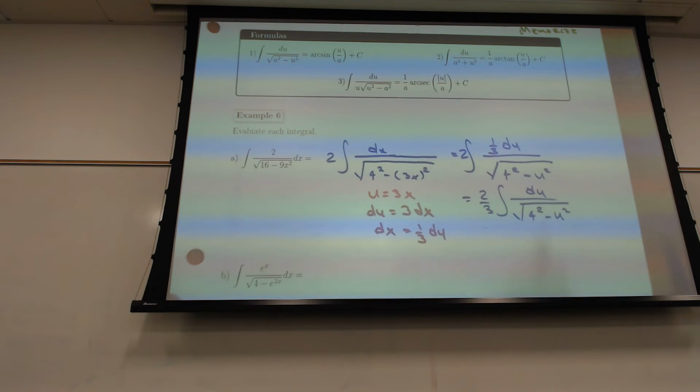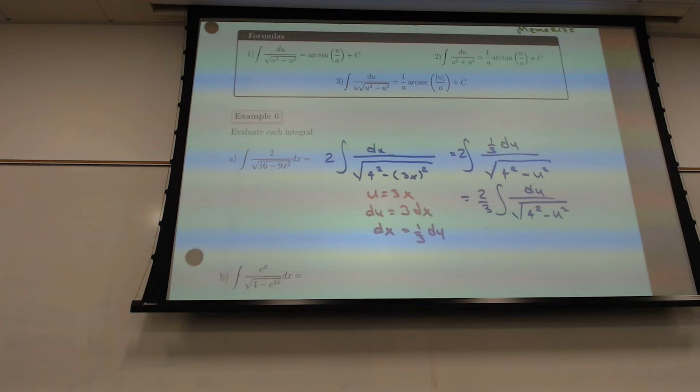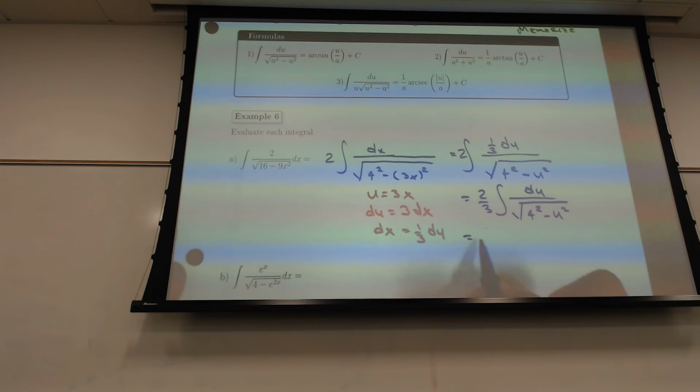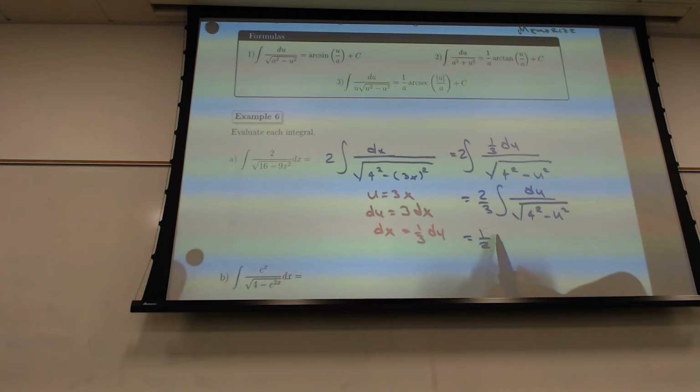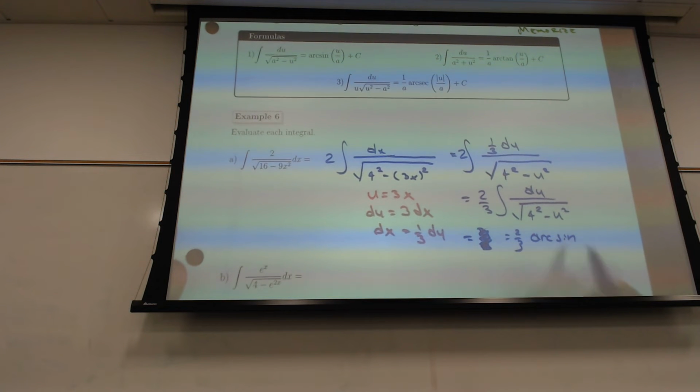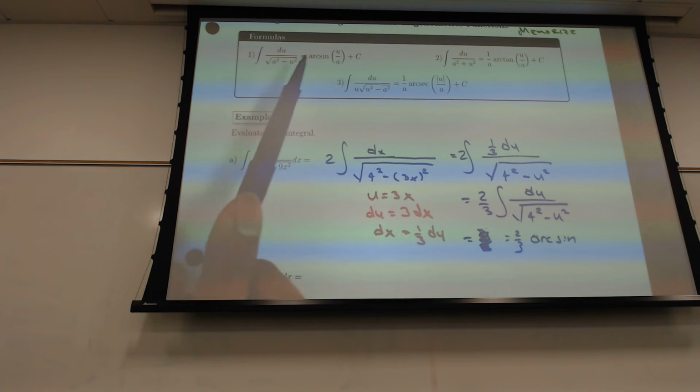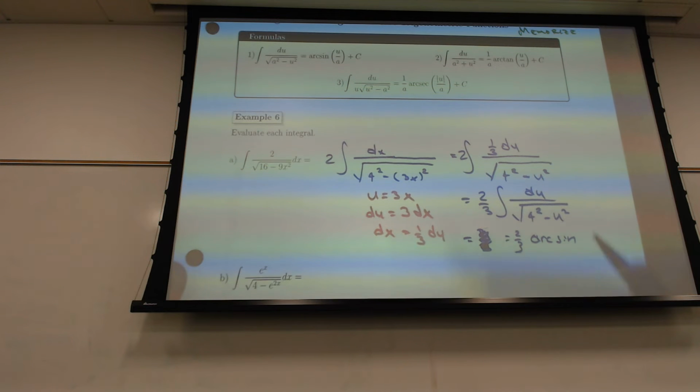And this is just ready to be integrated using the arcsine rule. That's 2/3 of arcsine of u over a, where our u is 3x and the a is the 4. And don't forget the plus C.